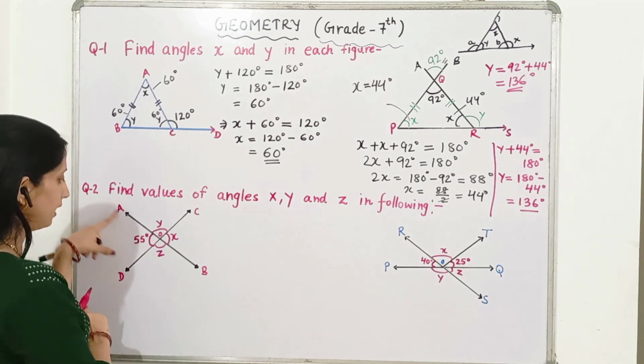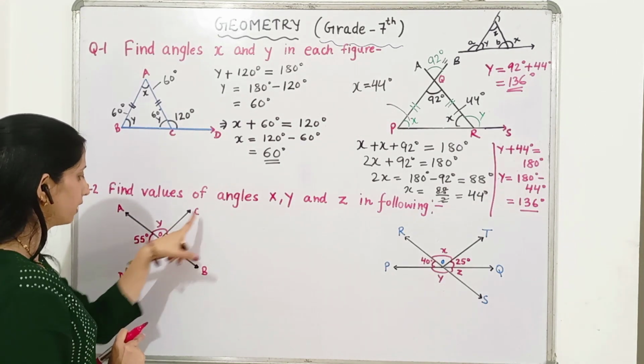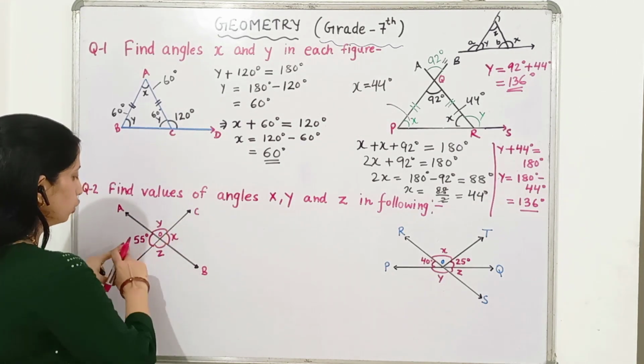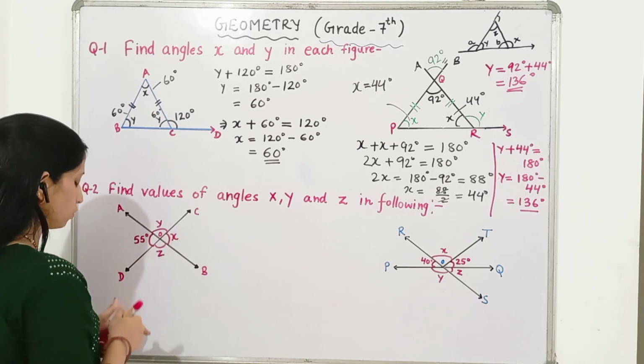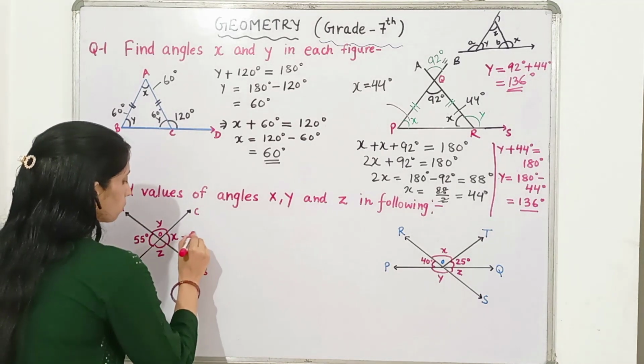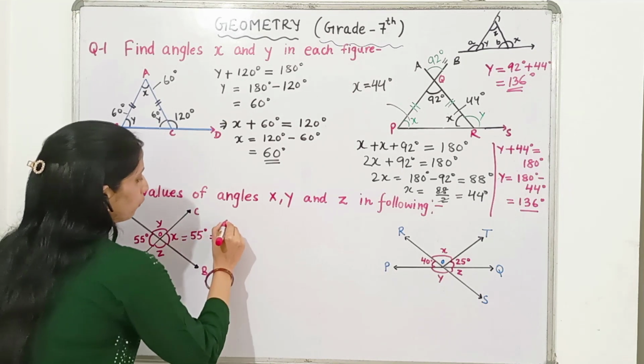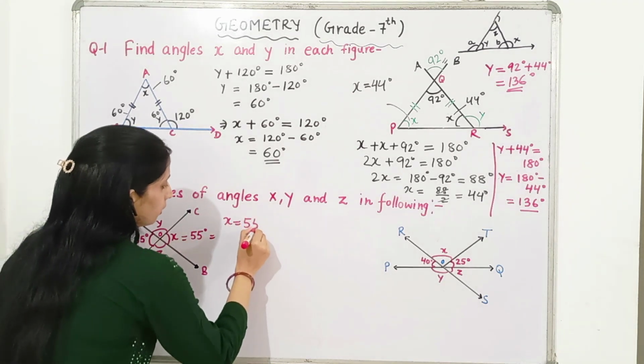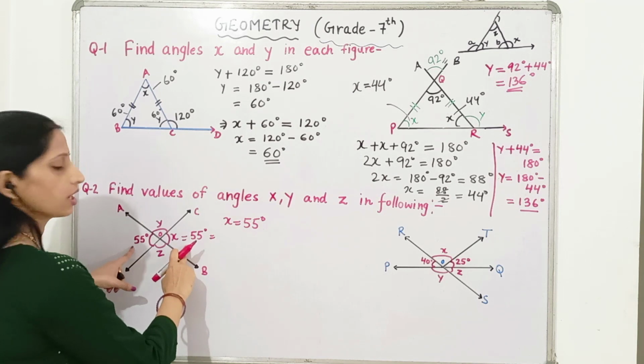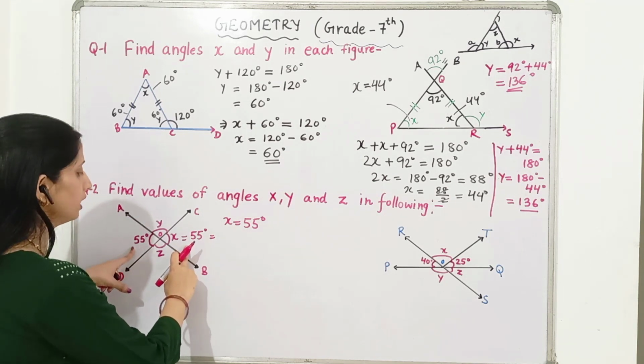Okay, because angle AZD will be equal to angle CZB. So this is 55. So the value of x will be 55 degrees. Why? Because vertically opposite angles will always be equal.